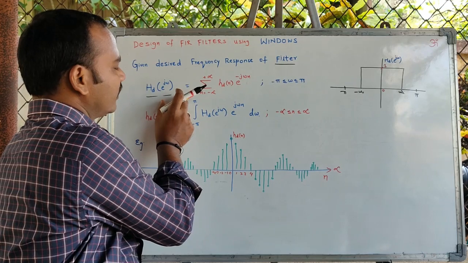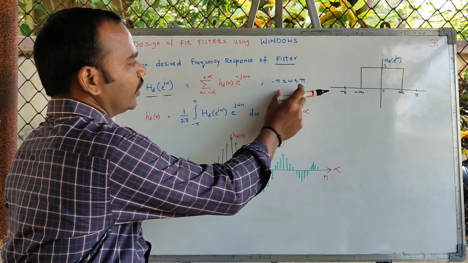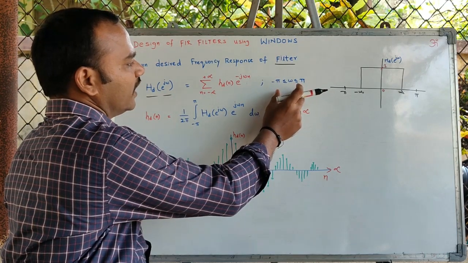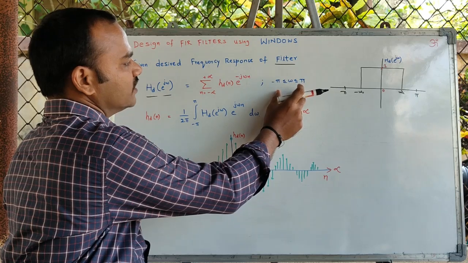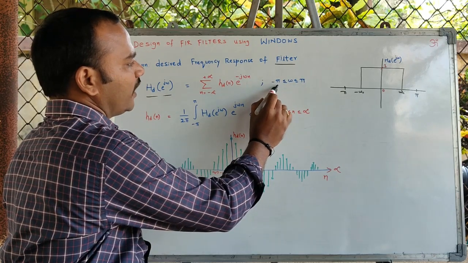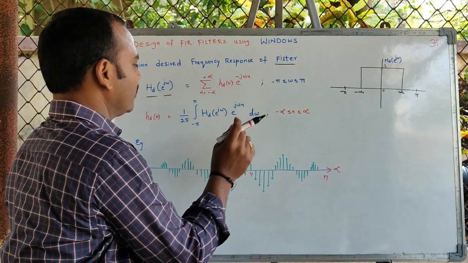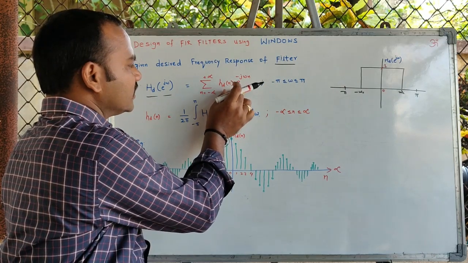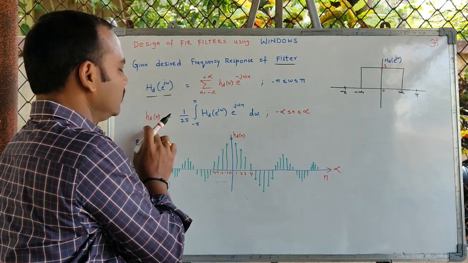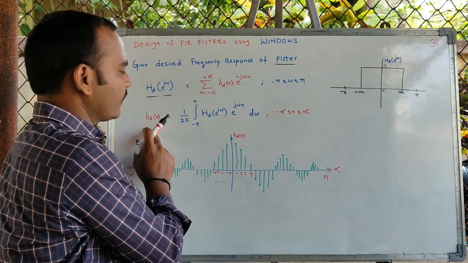This desired frequency response is periodic with a period 2 pi, and it is defined in the interval minus pi to plus pi, where hd of n are the filter coefficients.